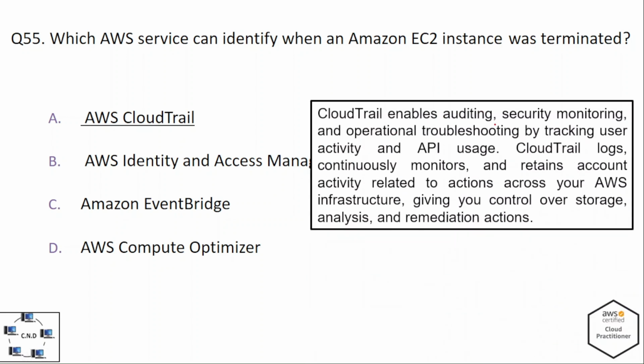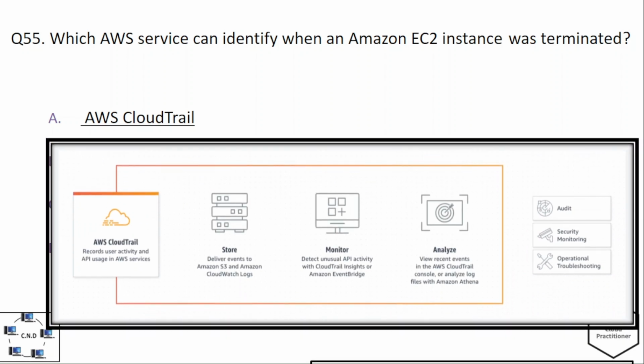CloudTrail enables auditing, security monitoring, and operational troubleshooting by tracking users' activity and API usage. CloudTrail logs, continuously monitors, and retains account activity related to actions across your AWS infrastructure.